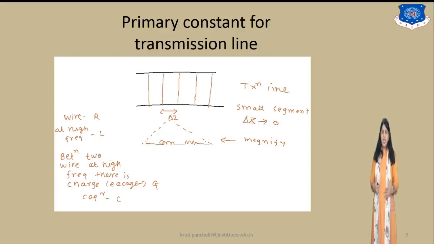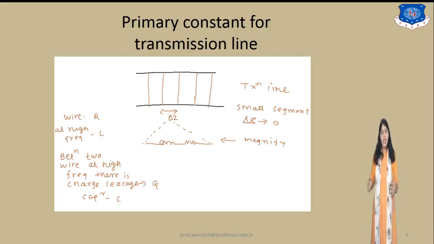Now if I magnify this delta Z portion, we have the values present on that line, that is the inductance and the resistance of that particular line.